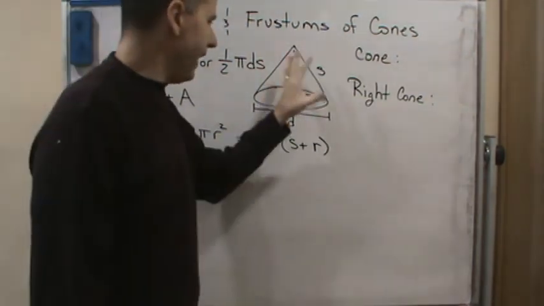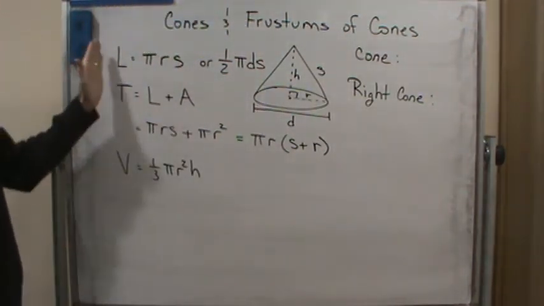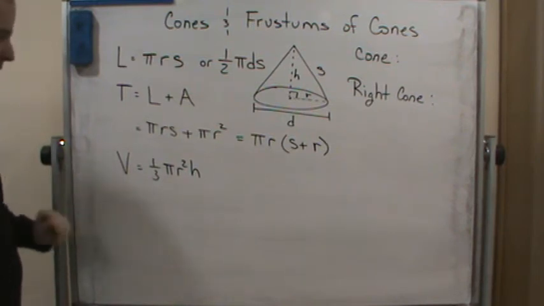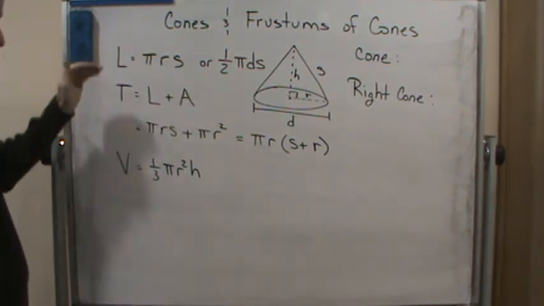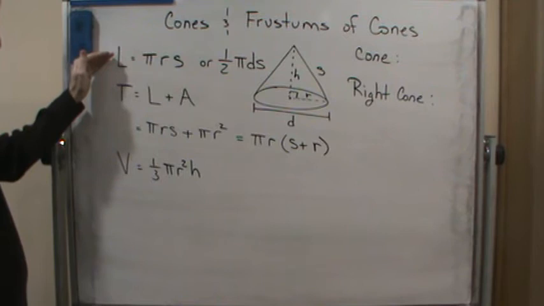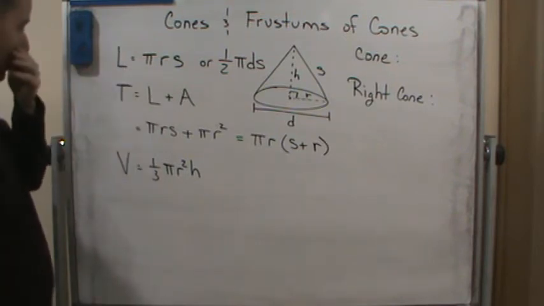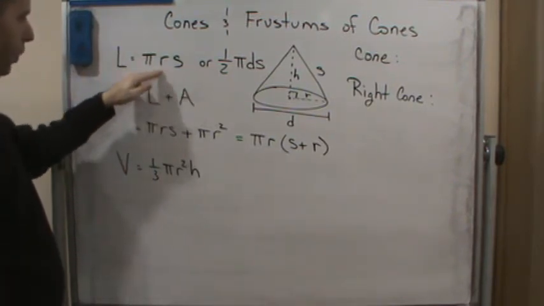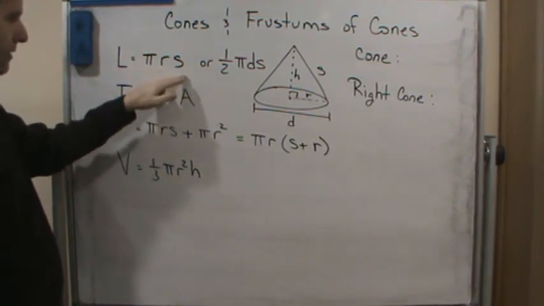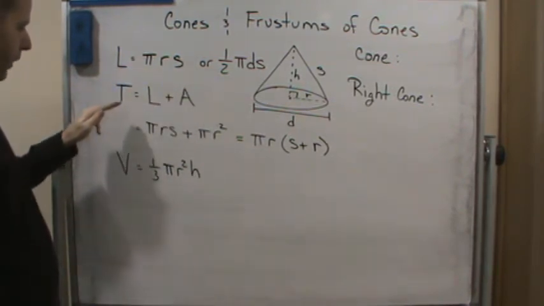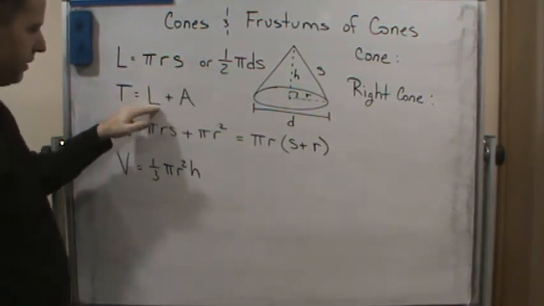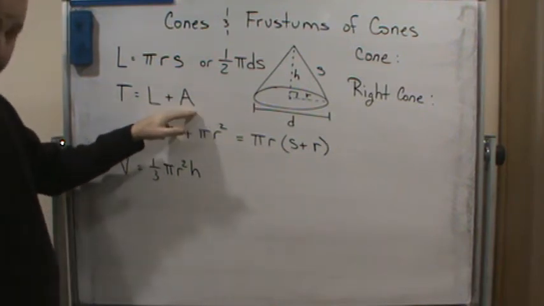With that in mind, here are the formulas we have been dealing with for the other figures. The lateral surface area is pi r s. Total surface area is the lateral surface area plus the area of the base.